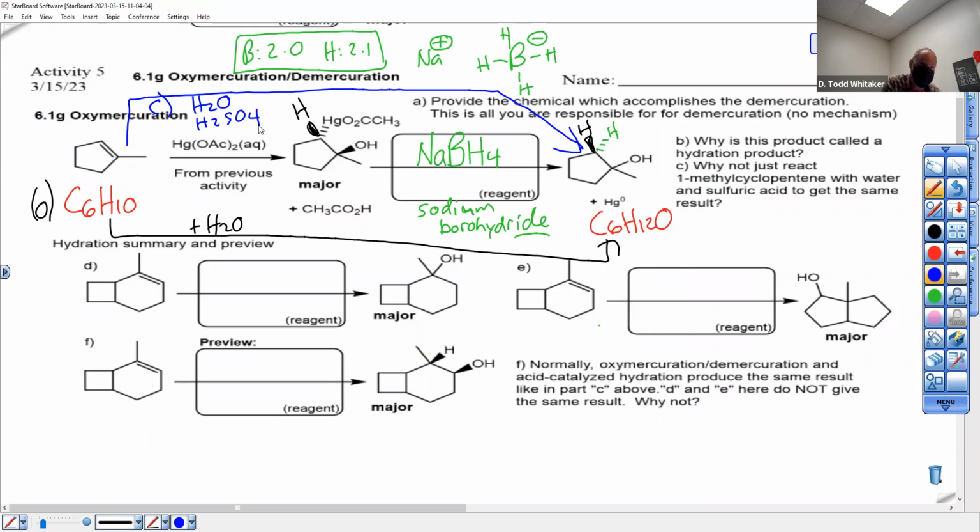Like seriously, a lot more money. And we got mercury, which we have to get rid of. Why did we learn this mercury reaction? It seems terrible. We already had a reaction that did the same thing. It's in blue. And the answer is below. D and E. If you try H2O and H2SO4, you don't get this result this time at all. You get this result.